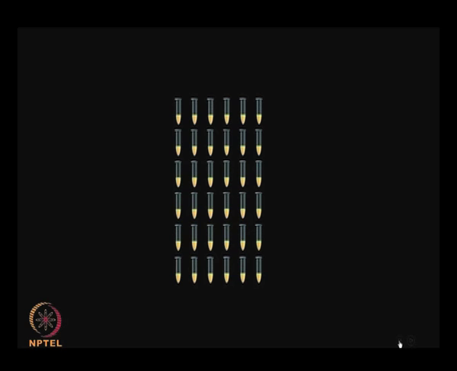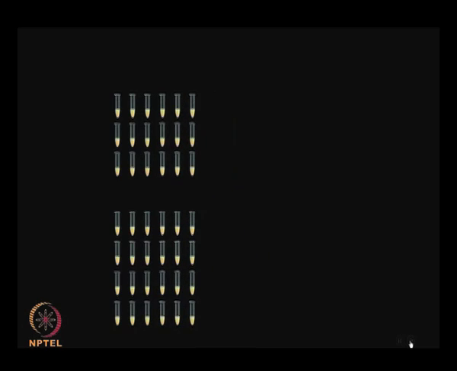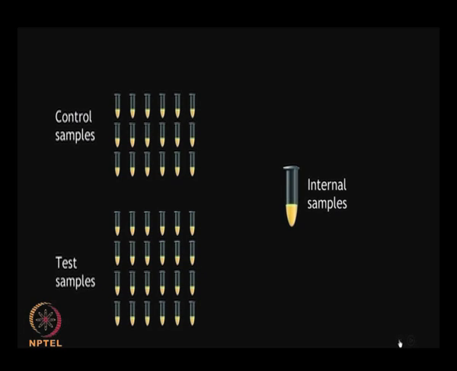In this case, DIGE will be an extremely valuable tool for analysis of a large number of samples simultaneously, without having to overcome the problem of gel to gel variations.